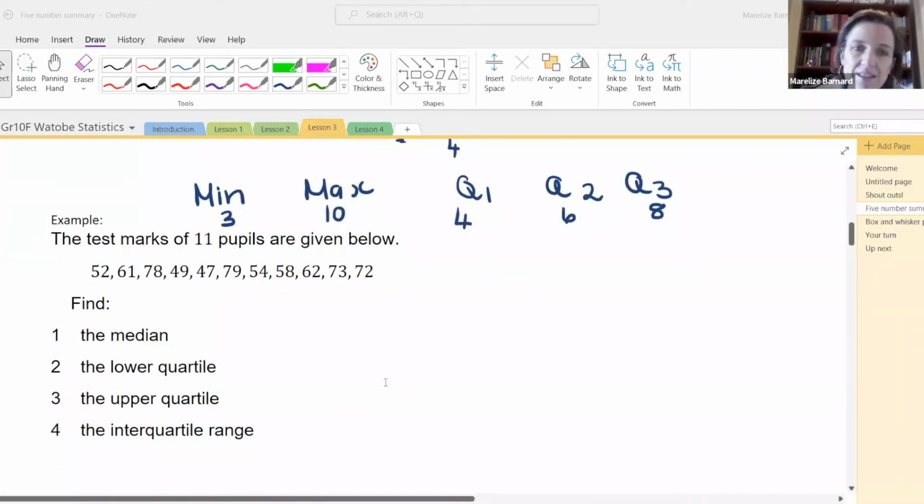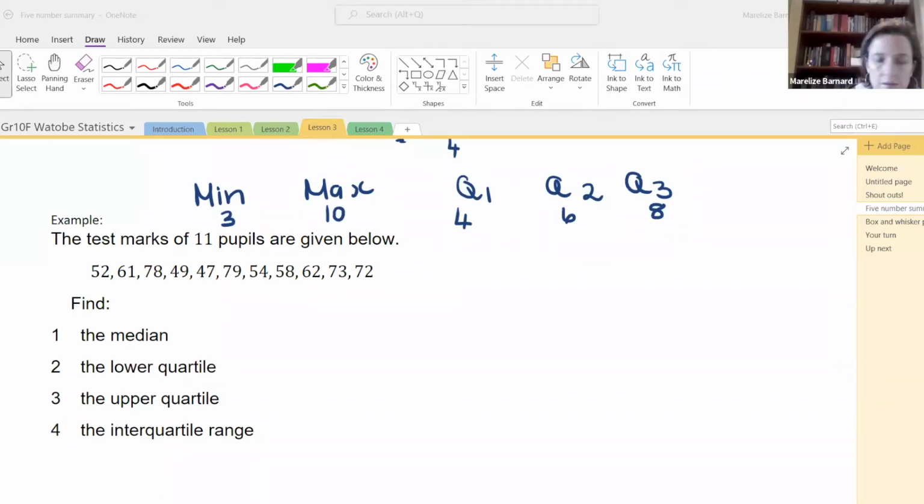Okay, post your answer in the chat. What is the value of the median? If you are saying 79, you forgot to arrange your data from smallest to biggest.